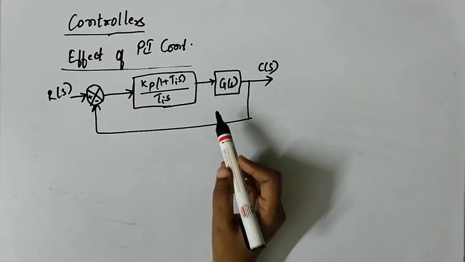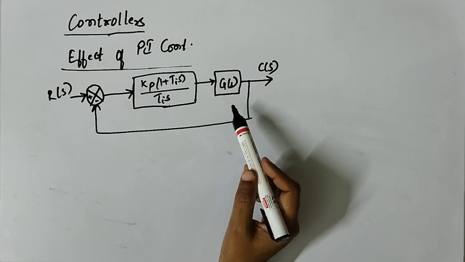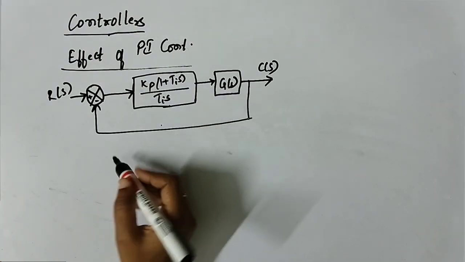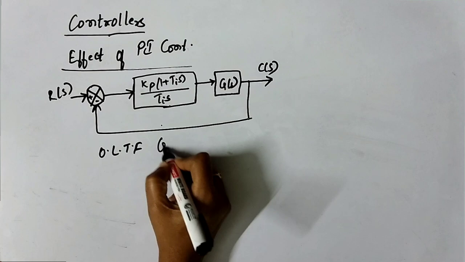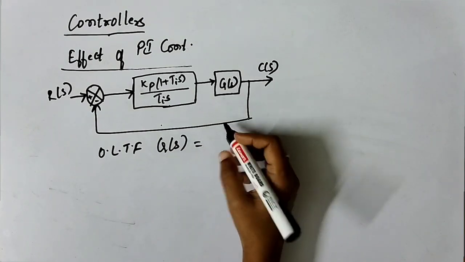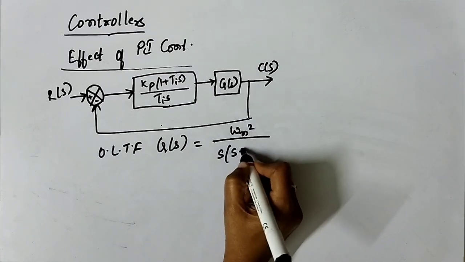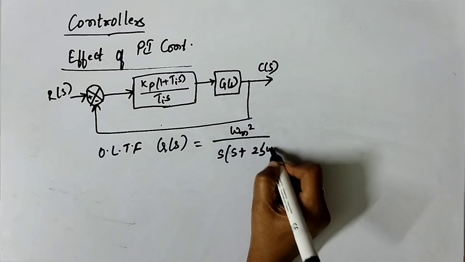Now, this is the block diagram of a unity feedback system with a PI controller. This is the PI controller. Let the open loop transfer function G(S) be a second order system with transfer function equal to omega n square by S into (S plus 2 zeta omega n).